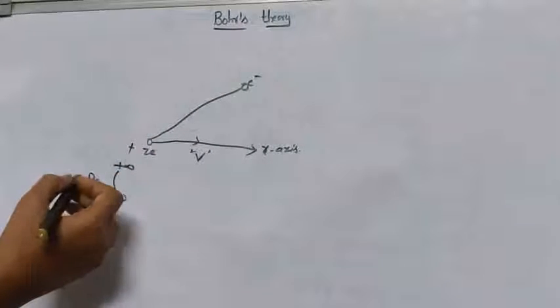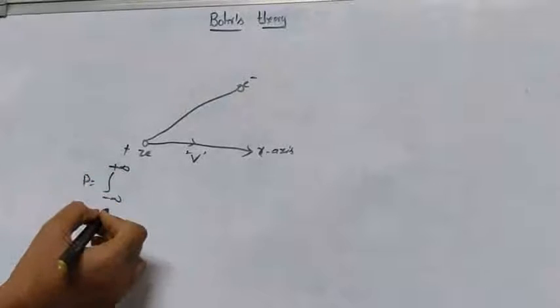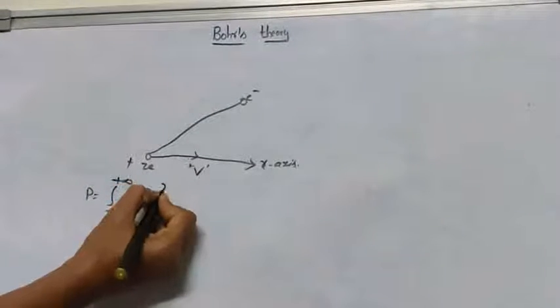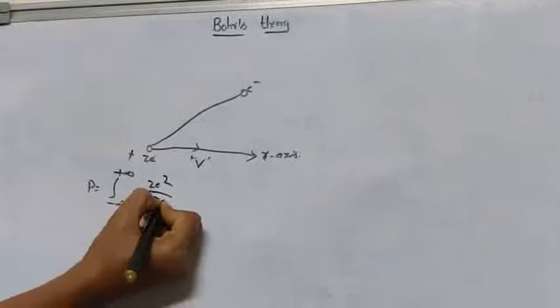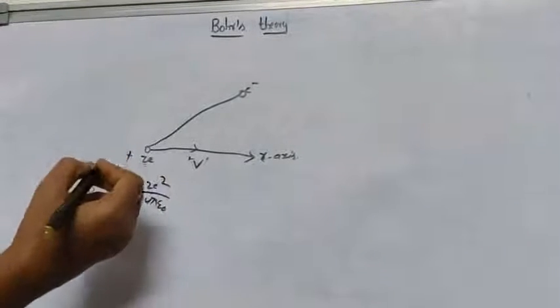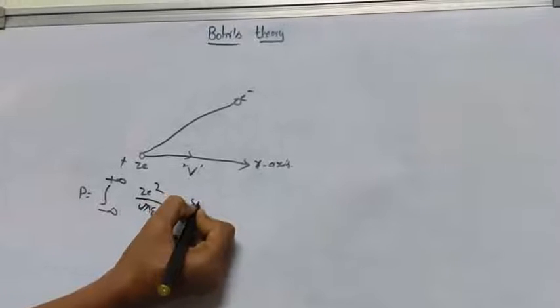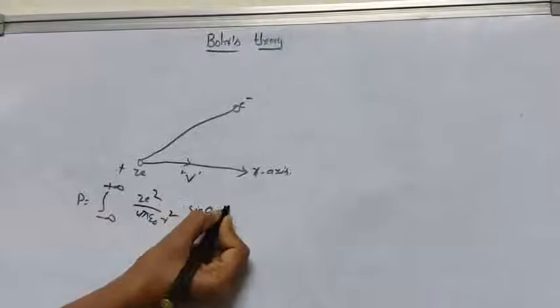And we have represented it as P is equal to integral minus infinity to plus infinity Ze square by 4 pi epsilon naught R square into sin theta dt.